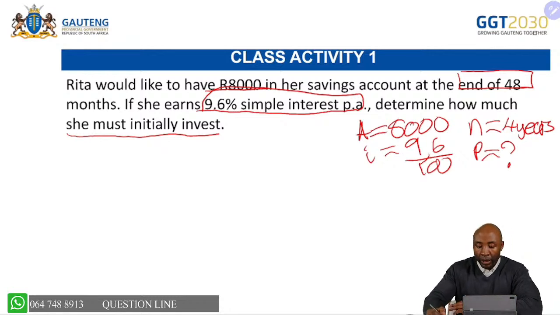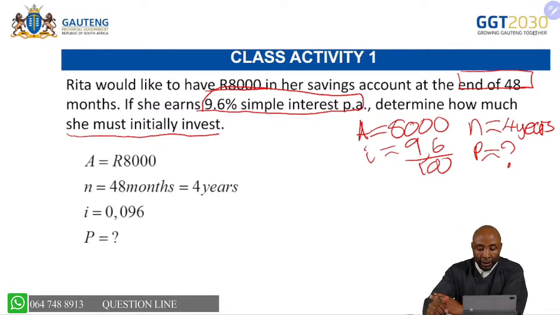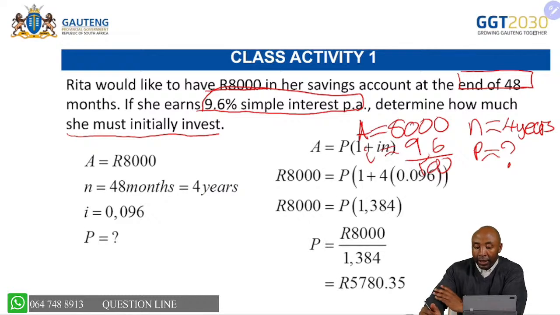Then we are going to use the simple interest formula, and we should get, as you can see there is the information. We have our information on the other side, and we are going to substitute into the formula, and we are going to change the subject of the formula, and we should get our P, which is our principal amount, as 5,780.35.